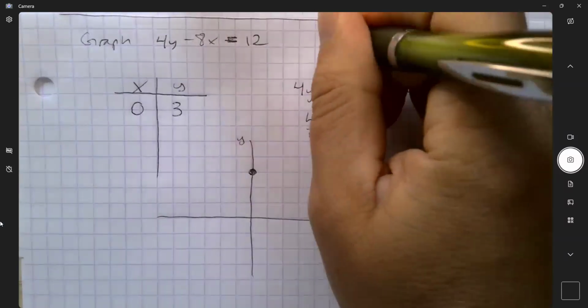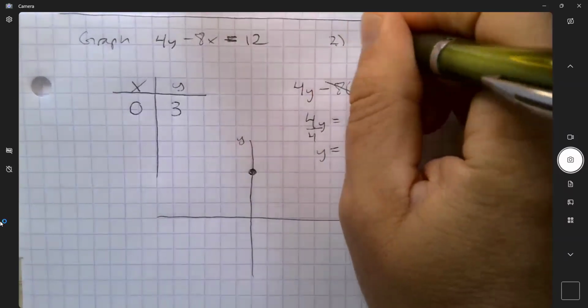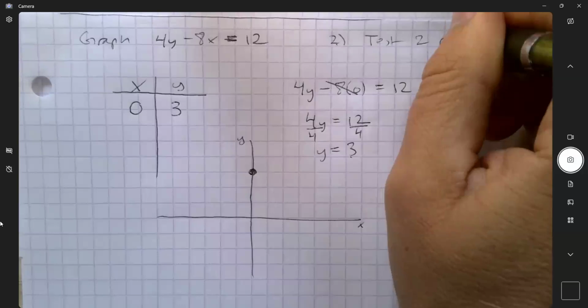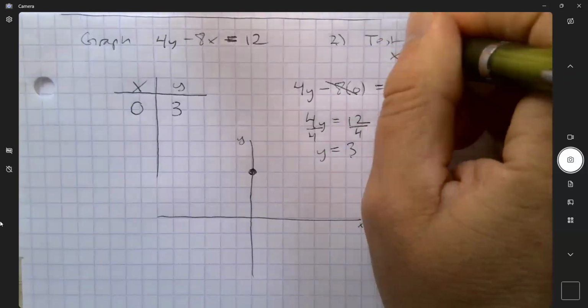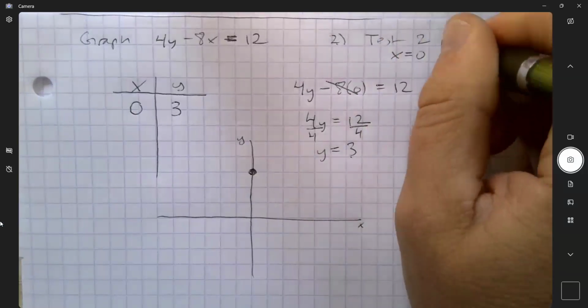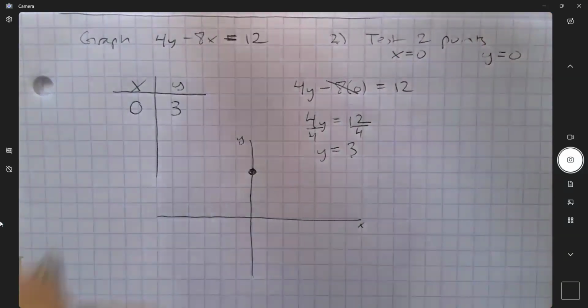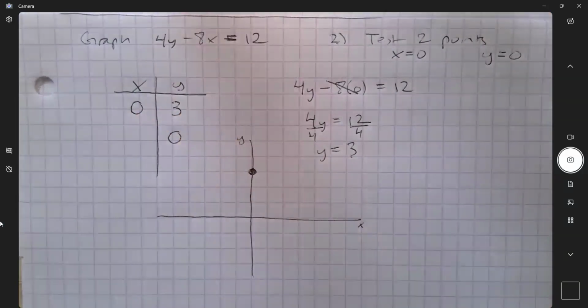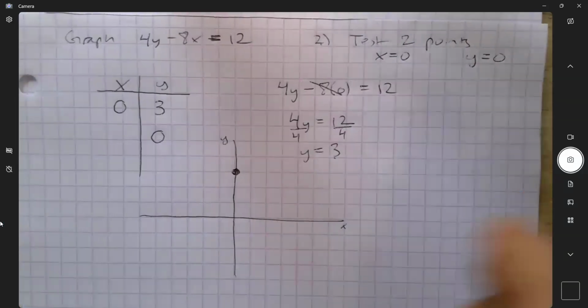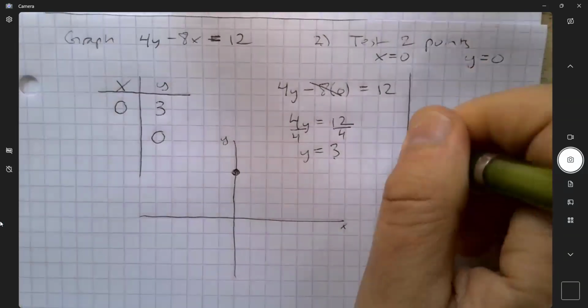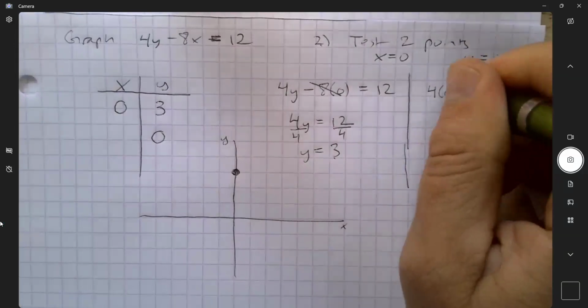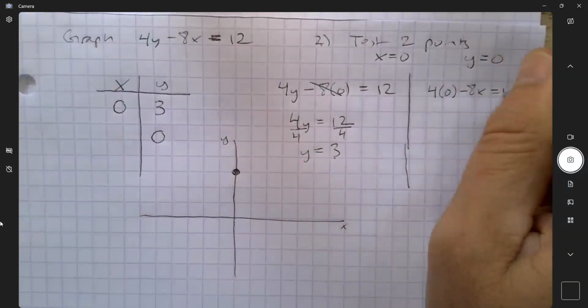So I forgot to write to test 2 points. And those points are x equals 0 and separately y equals 0. So I come over here and I put y equals 0 in. And now I have 4 times 0 minus 8x equals 12.